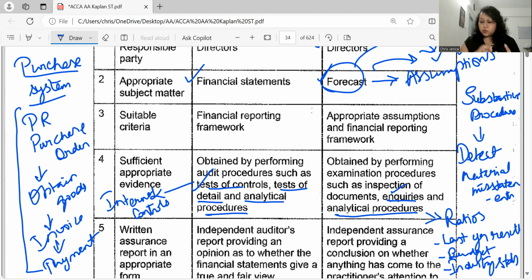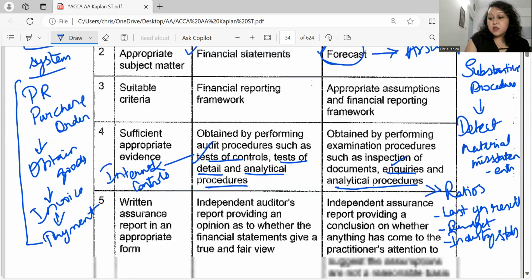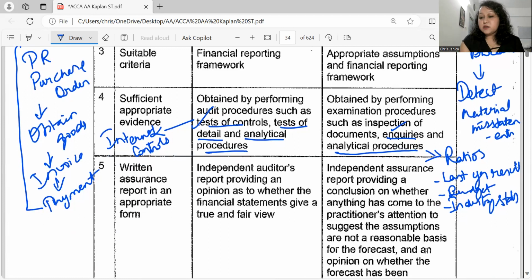So we are going to compare the ratios with the last year's results and budgets or industry standards, and we are going to come out with a conclusion on what is the trend, or any other data. That's the small procedure that we will be performing in relation to forecast.